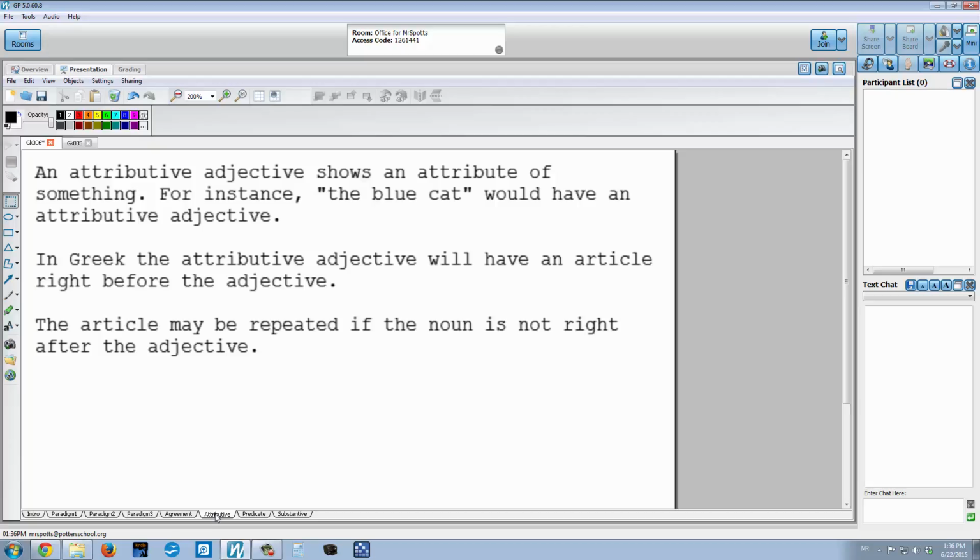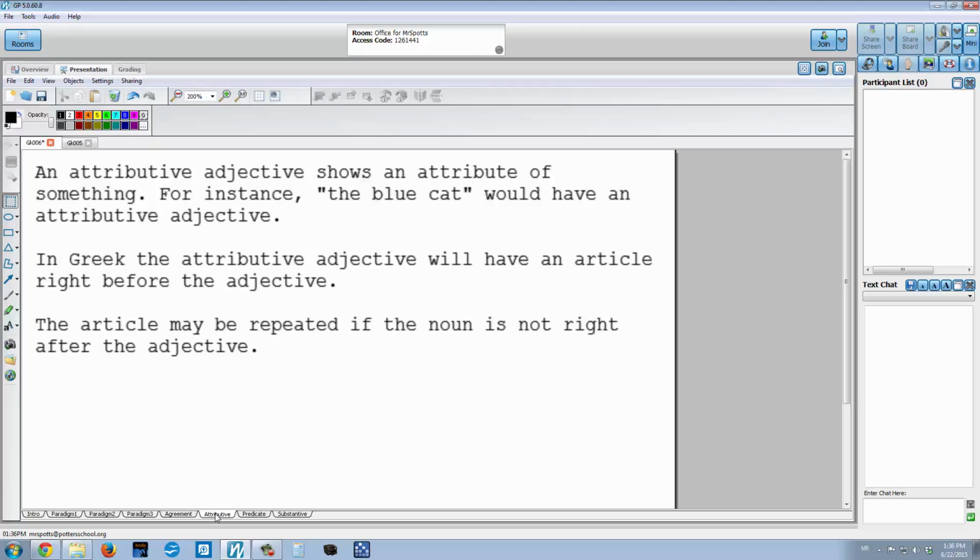That's not surprising. For instance, if we say the blue cat, we would put an attributive adjective, blue, in that. In Greek, the attributive adjective will have an article right before the adjective. So we might say something like ho agathos anthropos, the good man.